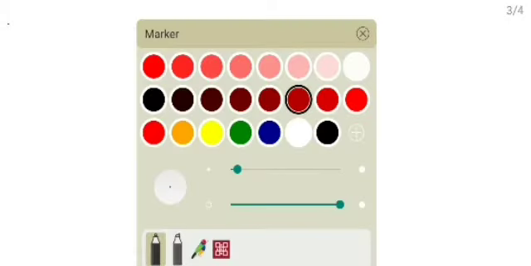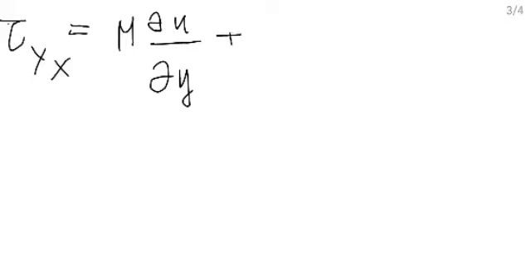Now similarly, if we are considering dou tau yx, it is given by mu dou square u by dou x dou y plus mu dou square v by dou x square.